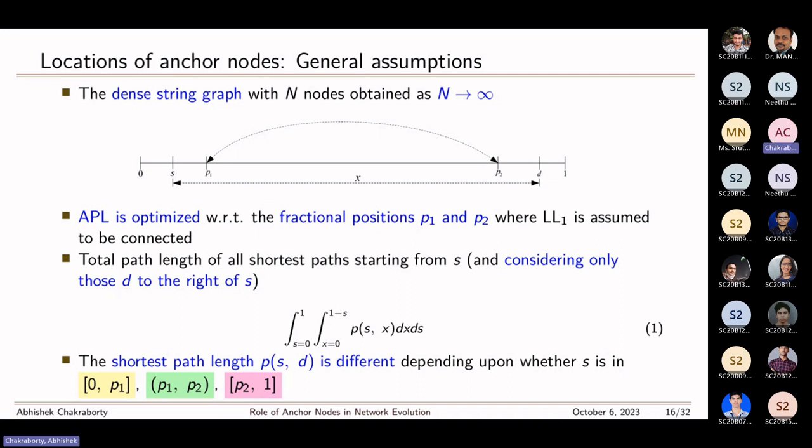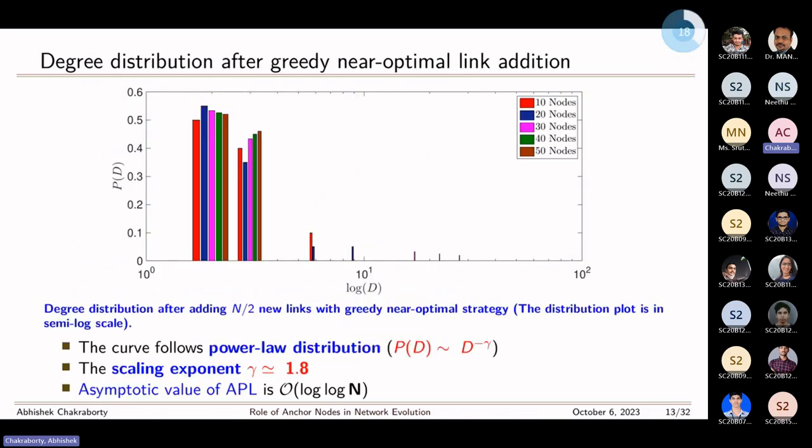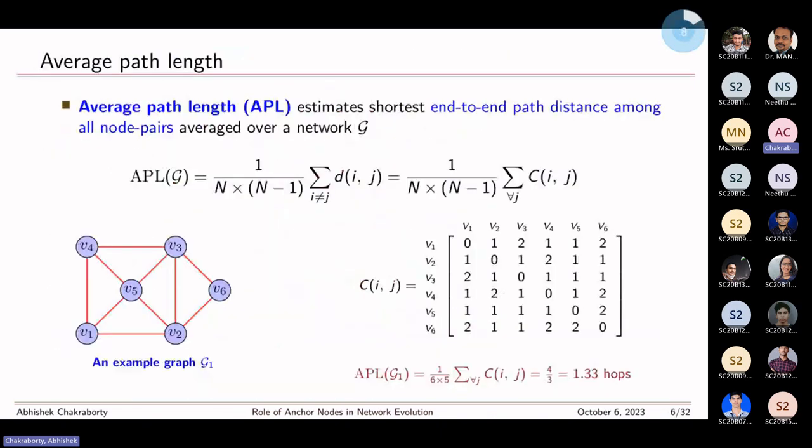When we are talking about APL, we are actually taking an average. If you remember the previous equation, I am going back for a while. If you see APL, the factor outside the summation is n into n minus 1. So it is all constant, and that will not affect this summation of dij.